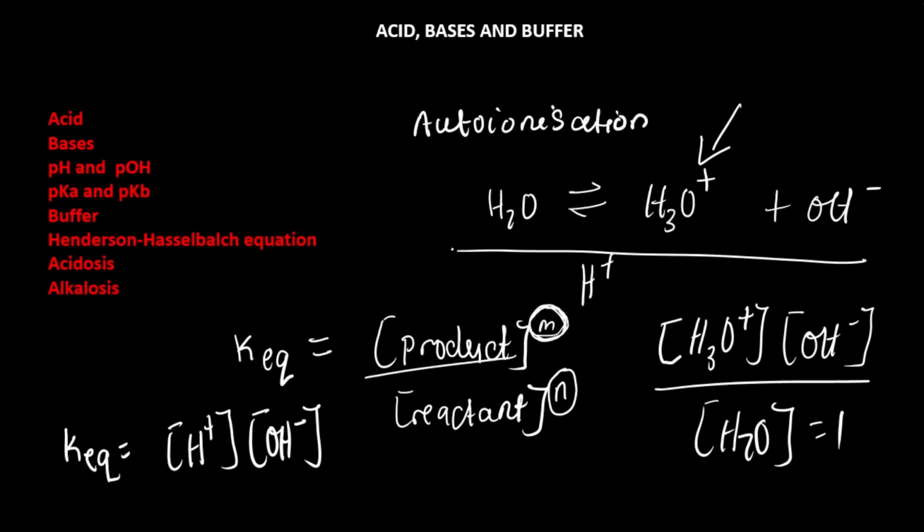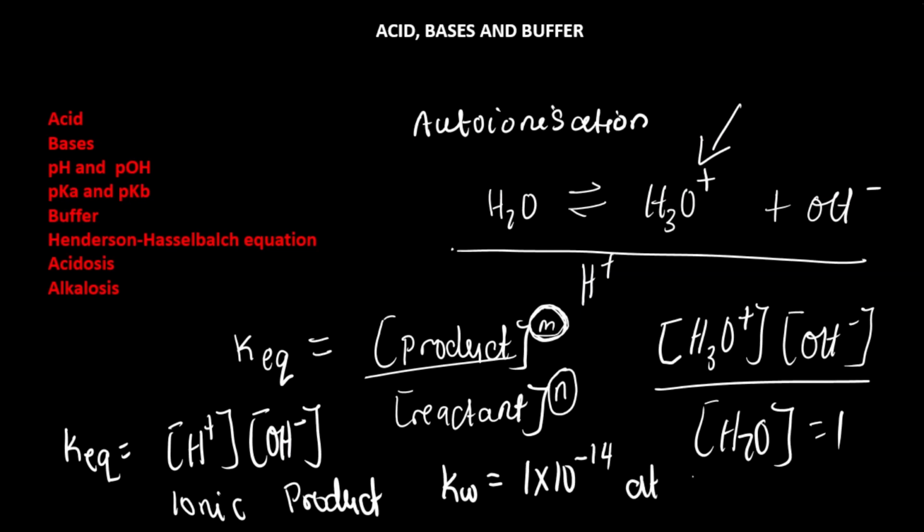And this particular equilibrium constant is known as the ionic product of water. And it has the name Kw. Now the ionic product of water is 1 times 10 raised to the power of minus 14 at 25 degrees Celsius.